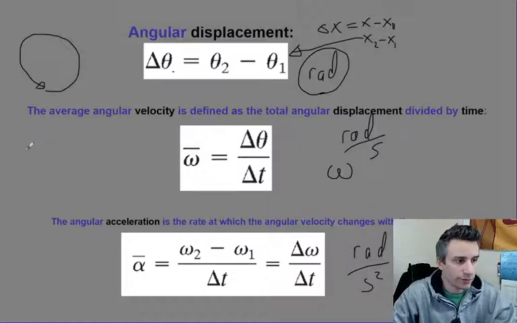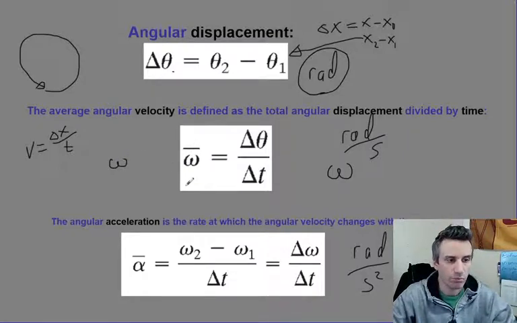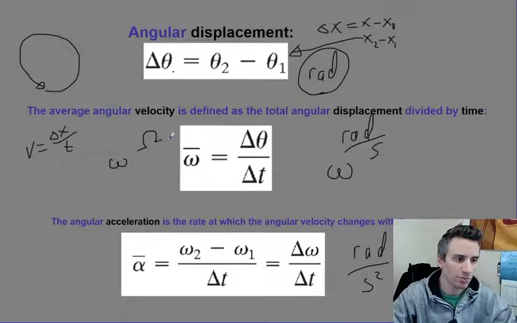Okay, so what about angular velocity? Linear velocity is v, obviously, and that is equal to your change in linear position per time. Well, angular velocity is represented with this lowercase omega. It looks like a very cursive-y sort of W. If you remember, an uppercase omega looks different, and that has a different representation in physics, so we're not going to be using that.